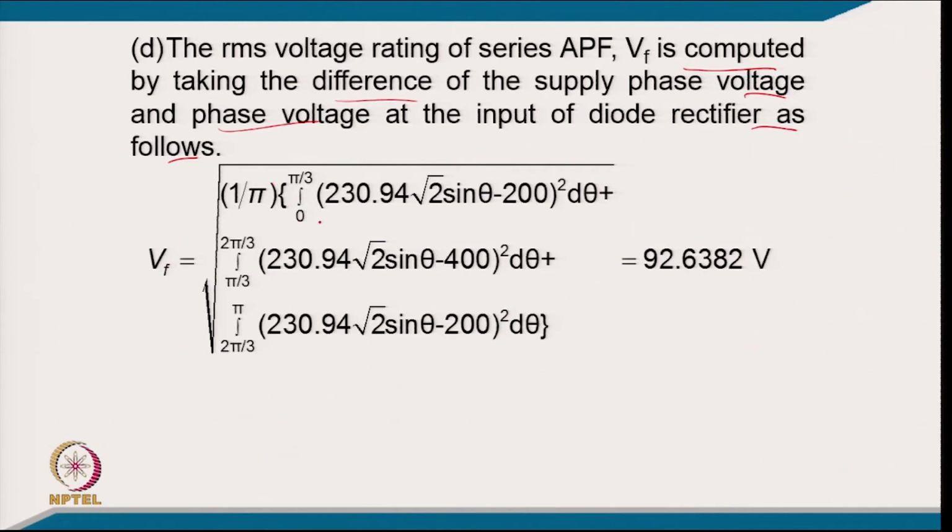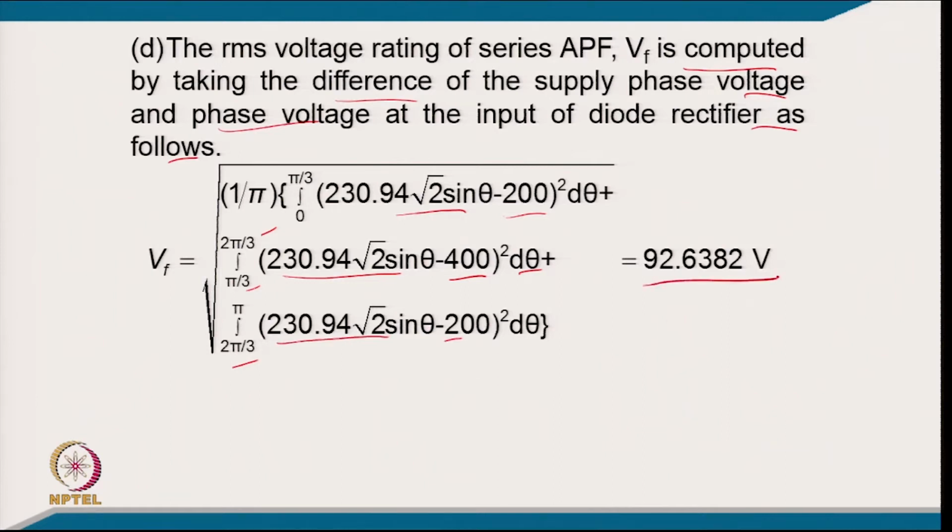So, we will calculate only for 180 degrees. From 0 to pi by 3, the sine wave of 230.94 into root 2 sin theta minus VDC by 3, that is 600 by 3, means 200, squared, d theta. Second segment, pi by 3 to 2 pi by 3, and again the sine wave of 230.94 into root 2 sin theta minus 2 VDC by 3, that is 400, squared, d theta, plus the third segment, 2 pi by 3 to pi, that is 230.94 into root 2 sin theta minus VDC by 3, that is 200, squared, d theta.